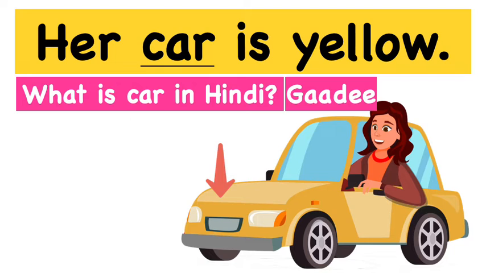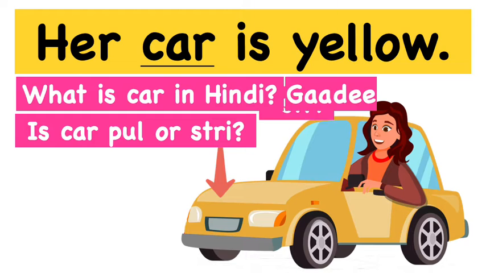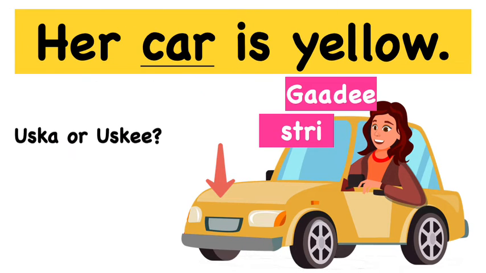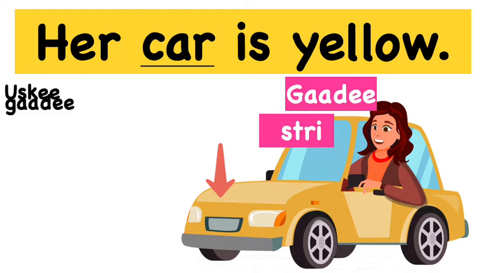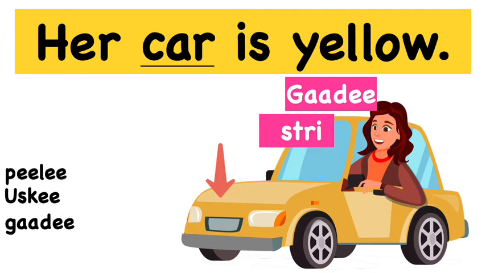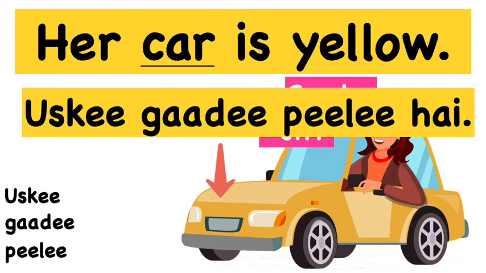Stree. And so if it's stree, what will this be? Uska or uski? It will be uski. And what about yellow? What will yellow change to since gadi is stree? Pili. So therefore the sentence becomes uski gadi pili hai.